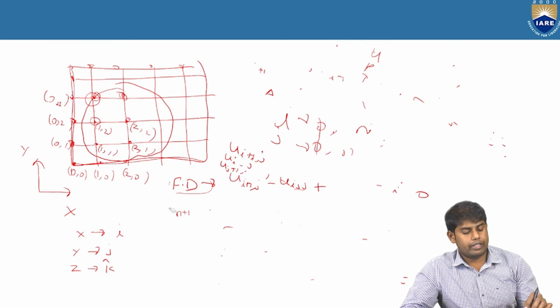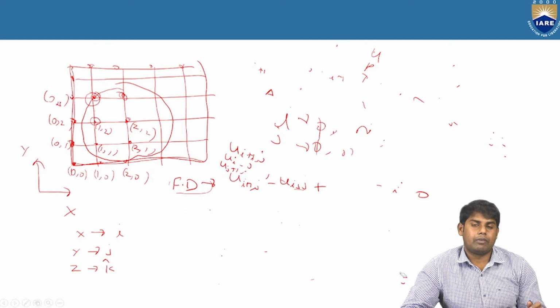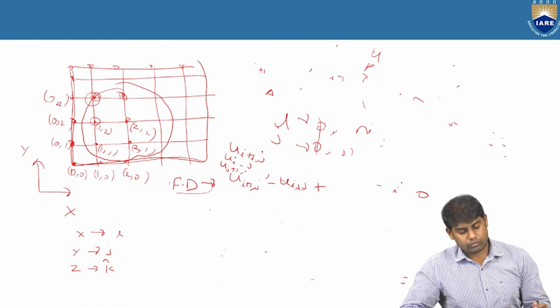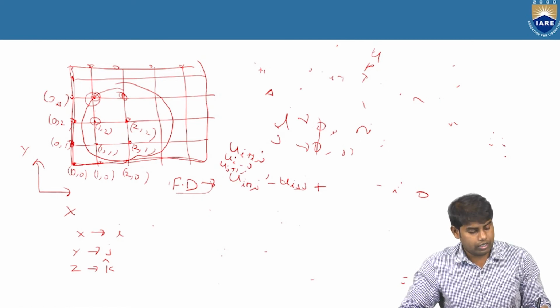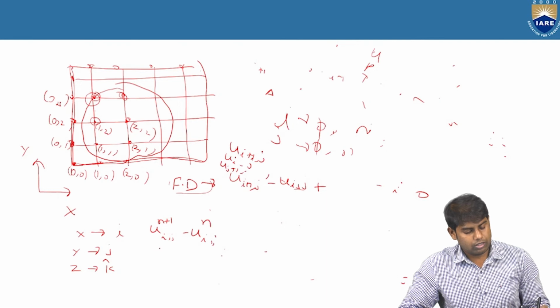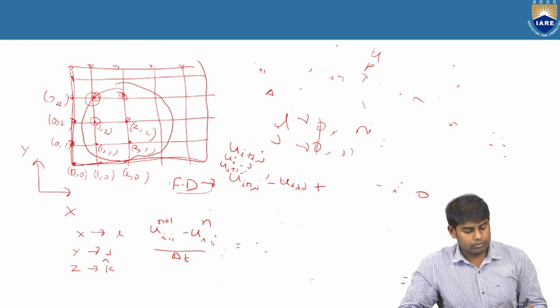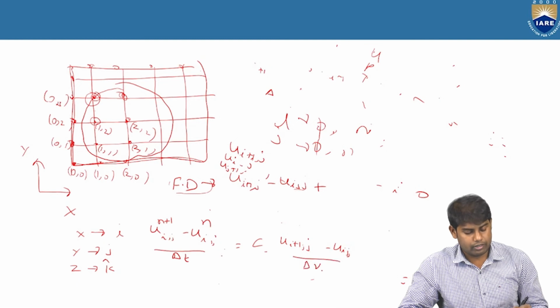Okay, so there is one more parameter which is called Courant number actually. So the basic thing is: u of i comma j at n plus 1 minus u of i comma j at n, divided by delta t, is equal to some c into u of i plus 1 minus u of i comma j divided by delta x.